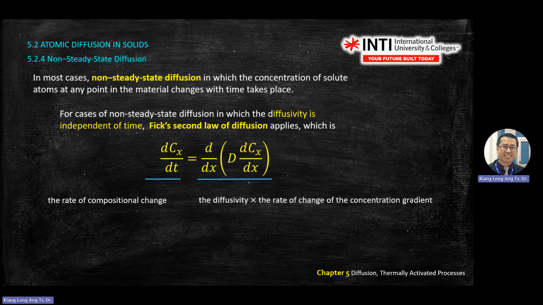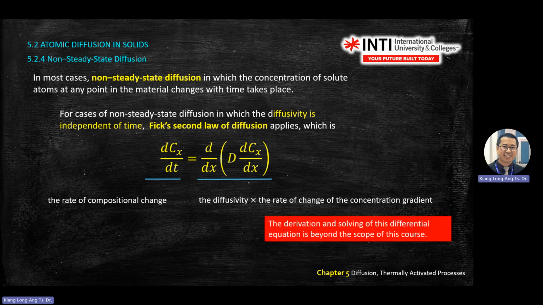It means you pull your D outside, and there's a double differentiation of your concentration. How to derive it is outside the scope, but this is how you apply the equation.